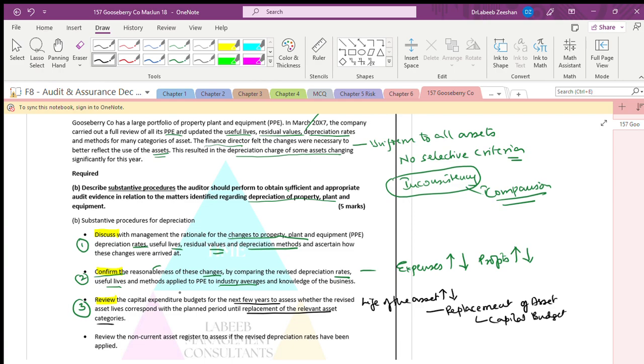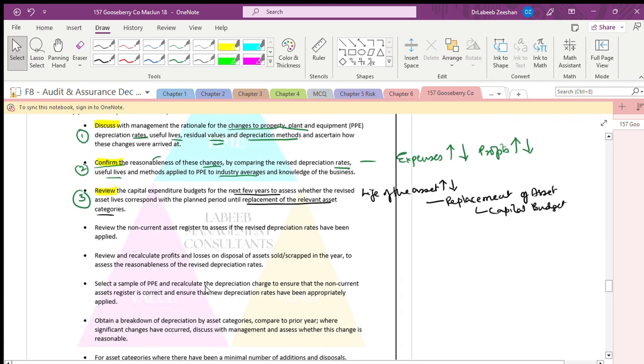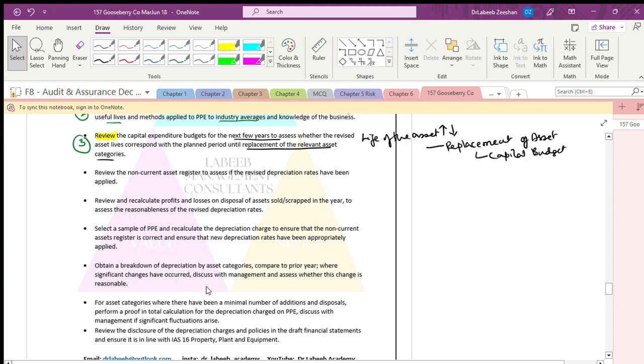Whether we are increasing or decreasing, the capital expenditure budget has to be there. Next, review the non-current asset register. This is the first and primary source of documentation, to see whether the revised depreciation has been applied.